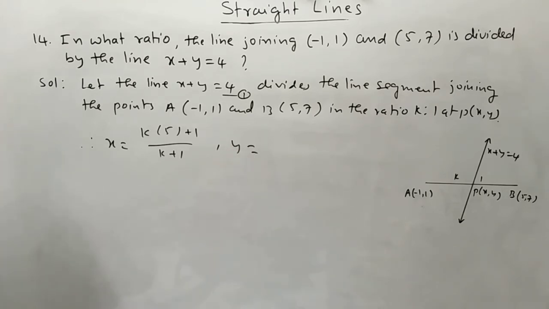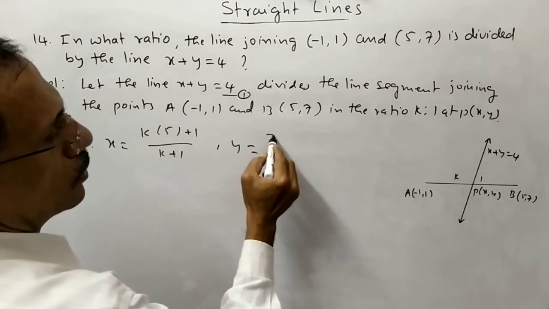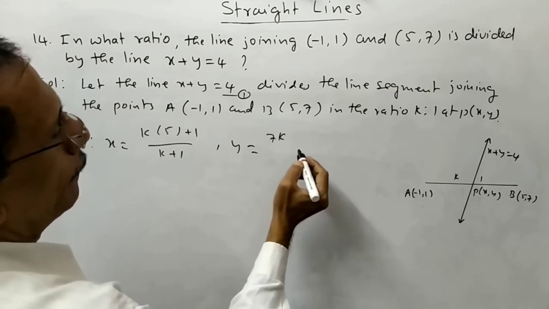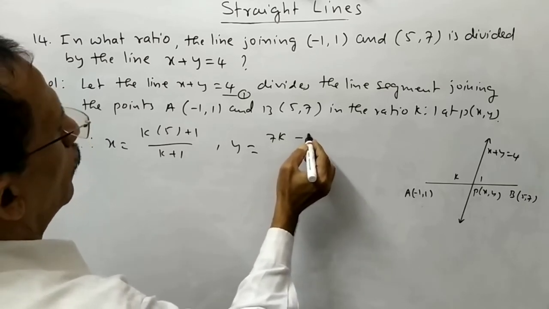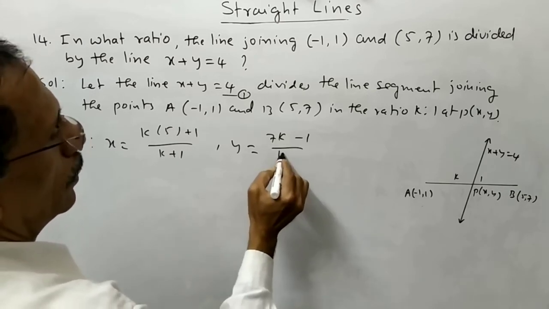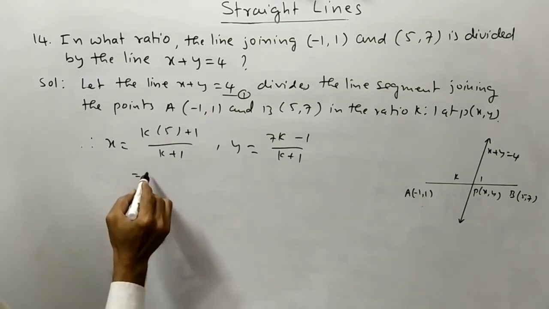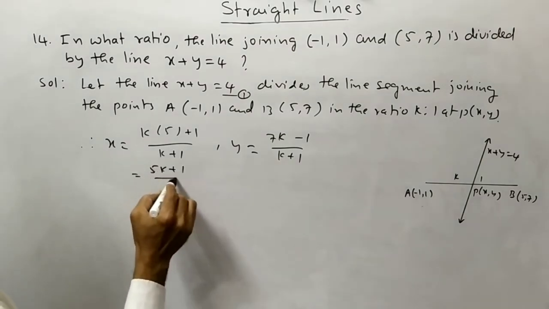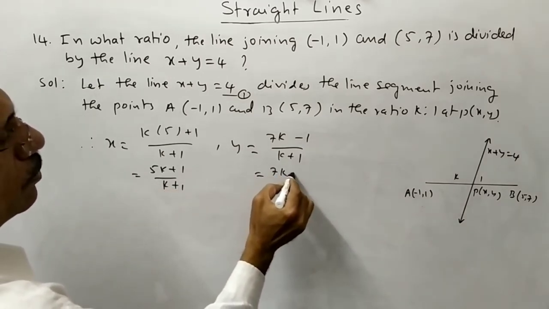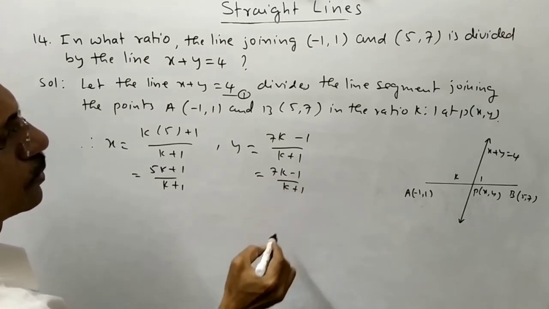Y is equal to (7k minus 1) divided by (k plus 1), that is 5k plus 1 divided by k plus 1, and this is 7k minus 1 divided by k plus 1.